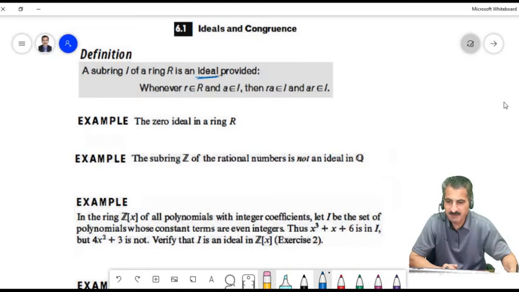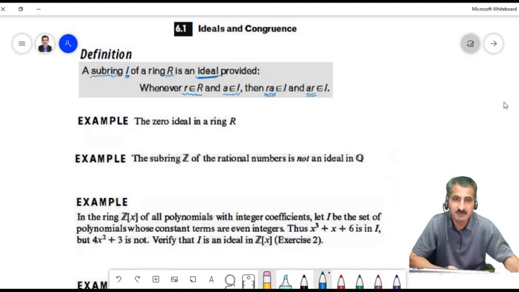What we mean by an ideal I is a subring of a ring R, provided that if we have any element in the ring R and any element from the subring I, and then we do the multiplication, the result of the multiplication will be absorbed in I. Whether this multiplication is r times a, the element of the ring is to the left and the element from the ideal is to the right, or a times r, in both cases, the result stays in I.